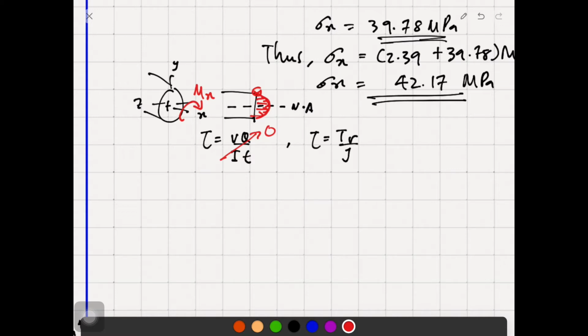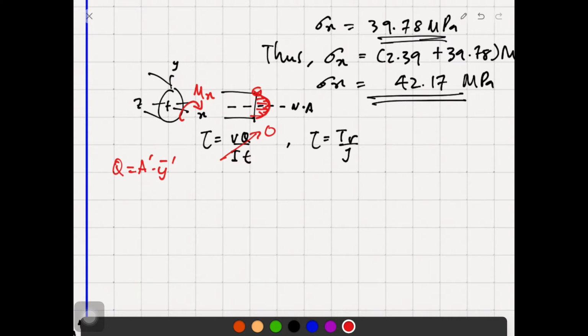It is not simply because E is located at the outer skin of the rod, but remember Q is represented by the equation A prime times y bar prime. So if the area is equivalent to 0, then the whole transverse shear value is going to be equal to 0. Remember, Q is defined by whether the point of interest is above or below the neutral axis.